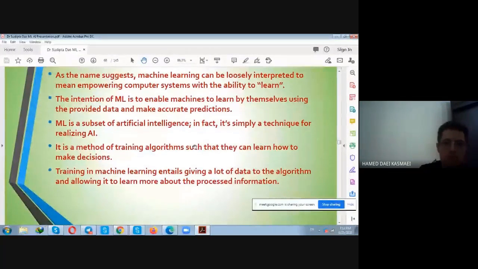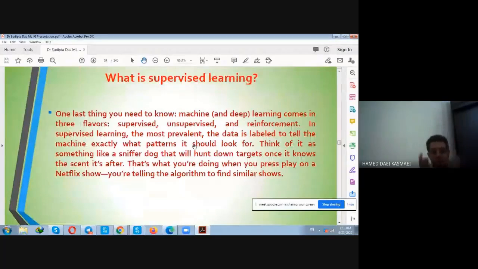Okay, what is supervised learning that I talked to you about? One last thing you need to know is that machine learning or deep learning comes in three flavors: supervised, unsupervised, and reinforcement. In supervised learning, the most prevalent, the data is labeled to tell the machine exactly what patterns it should look for.